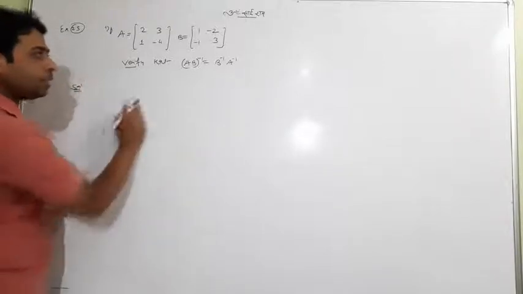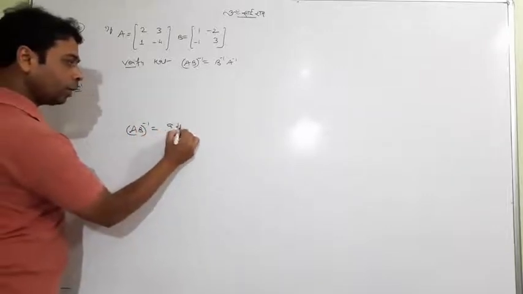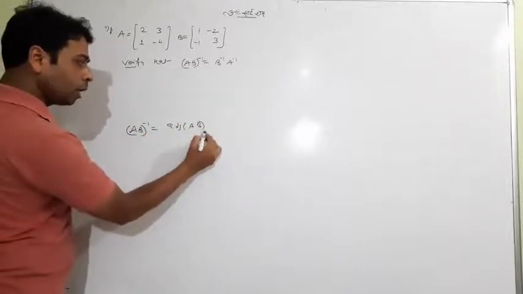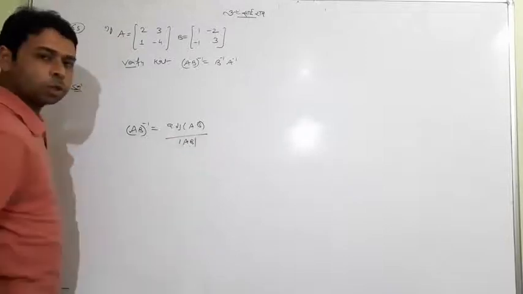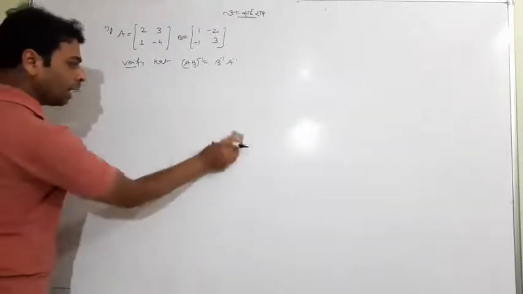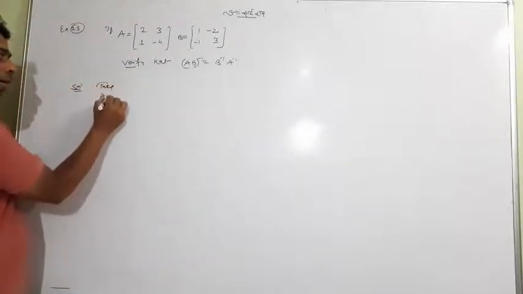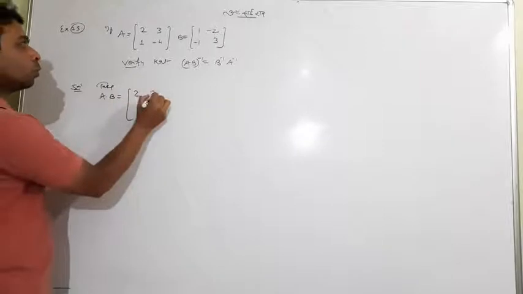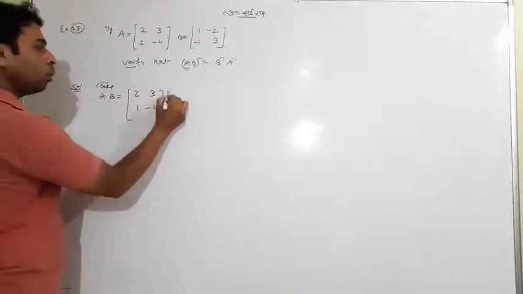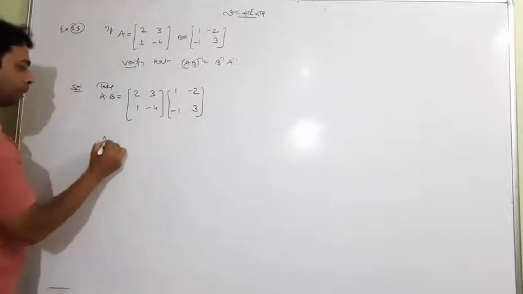Similarly, AB inverse is adjoint of AB upon determinant of AB, and A into B is another matrix. So first of all, I will take A into B. What is A? 2, 3, 1, -4. What is B? 1, -2, -1, 3. And now multiply them.